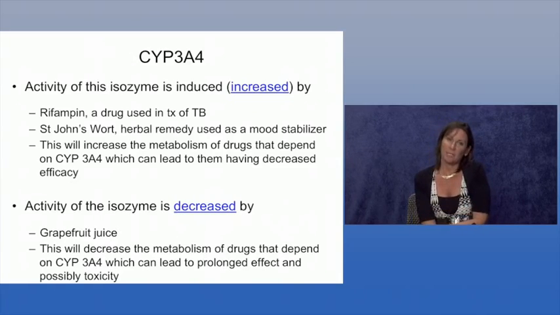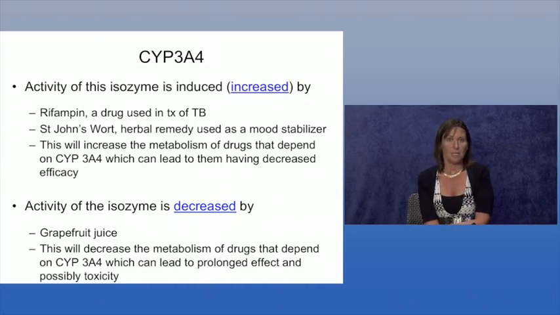One of the key aspects of this particular enzyme is that its activity is highly variable, and it's highly variable in different circumstances. For example, this isozyme can be induced, i.e. its activity increased, in the presence of a drug called rifampin. This is a drug that's used in the treatment of tuberculosis.